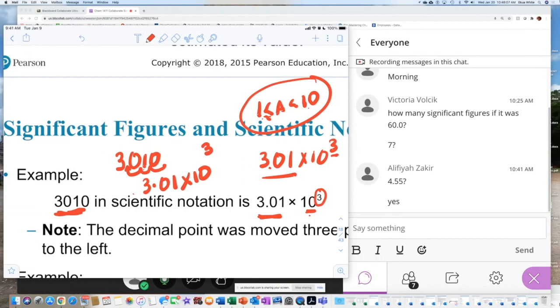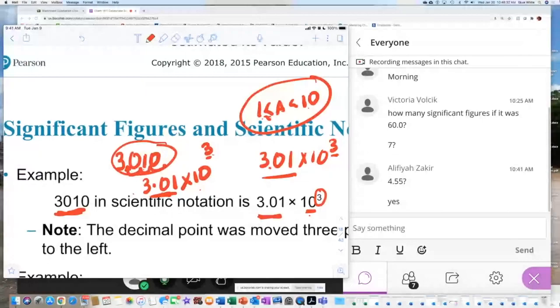Now, what they were saying in their rules, which is kind of interesting, is to compare your final base number with the original. If it is less than the original, you leave the exponent as positive. If it's more than the original, change it to negative. I like to say when you move to the left, leave this as positive. If you're not sure, put this in your calculator and press equal, and you get the original number.